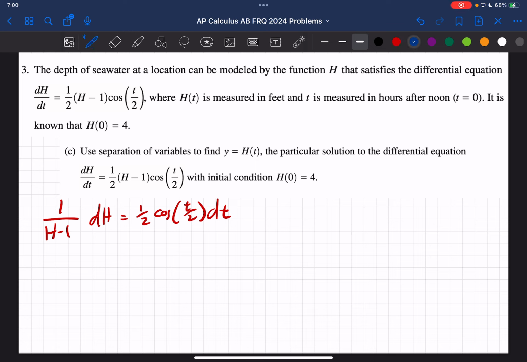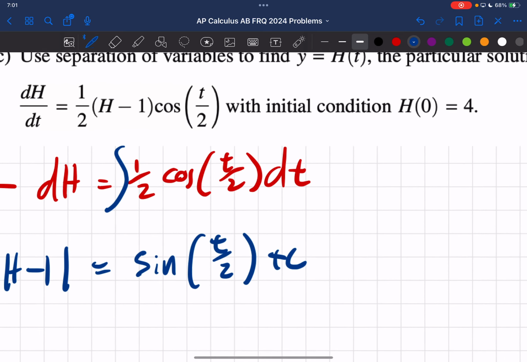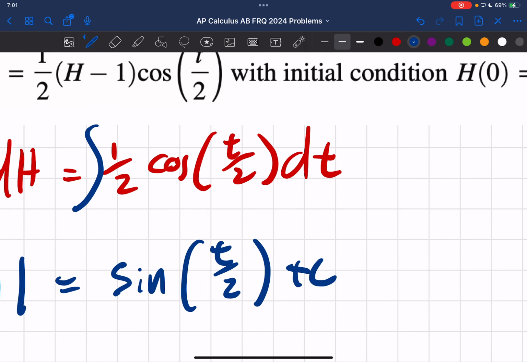Okay, so we separate. So now we integrate. So this is going to be ln of h minus 1 equals sine of t over 2 plus c. Now for this side, if you think it's necessary, you can do the u substitution. U equals t over 2. So that means du dt equals 1/2.